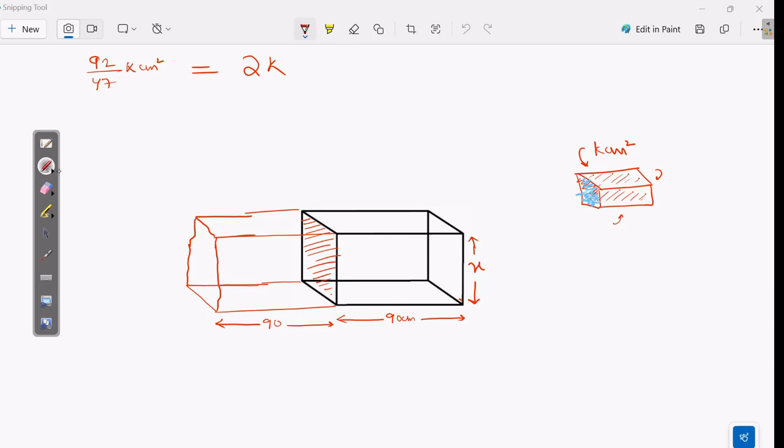So you need to subtract the area of those two surfaces. One surface is coming from this prism, one from the other. So what should I write here? You subtract the area of this surface.